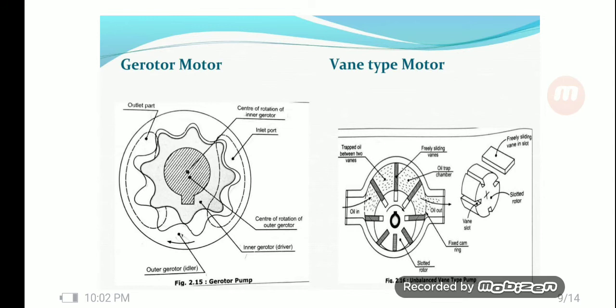The low pressure air is inserted into the inlet, which gets sucked in due to the rotation of the vane.